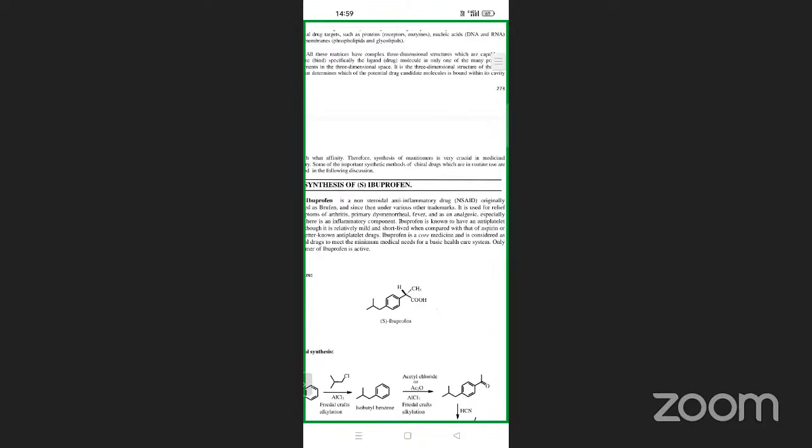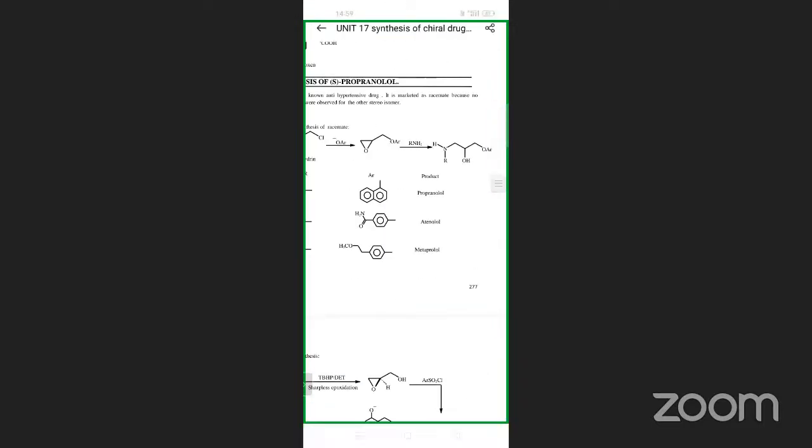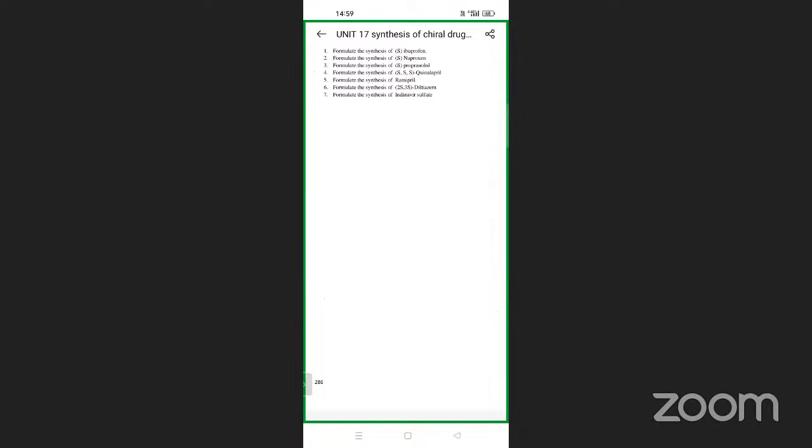So we left three syntheses: ramipril, enalapril, and indinavir sulfate. If you are able to remember them, you can go with those also. But whatever synthesis we discussed now are very simple, so it is better to go with these syntheses.